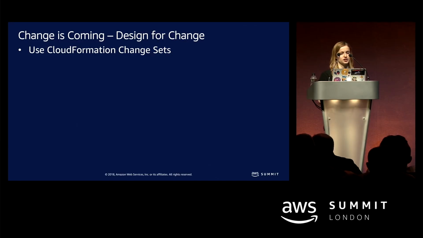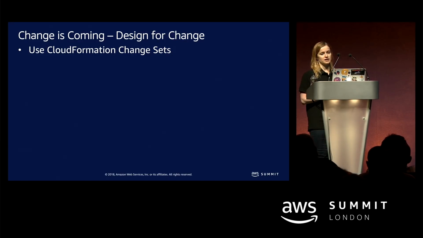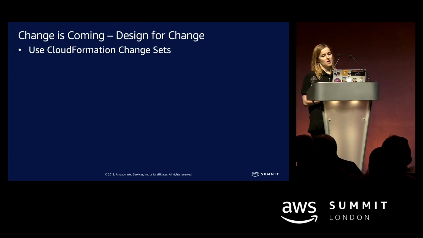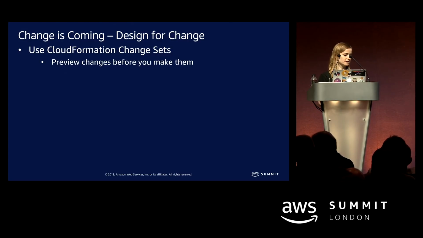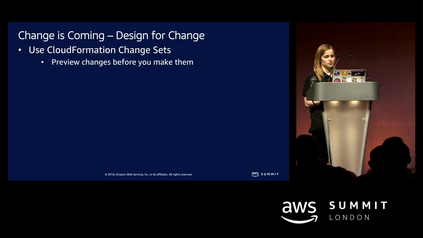AWS CloudFormation change sets enable you to see how changes will affect running resources before you actually implement the change, so you can update workloads with confidence. When you create a change set, it enables you to see what updates will be made to the system.